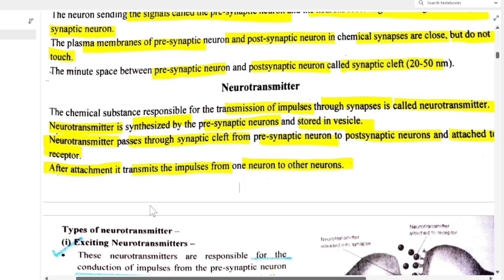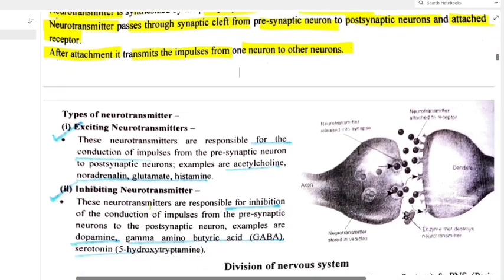Now comes the next point, the types. First, exciting transmitters are responsible for the conduction of impulses from the presynaptic neuron to the postsynaptic neuron. Examples are acetylcholine, noradrenaline, glutamate and histamine.